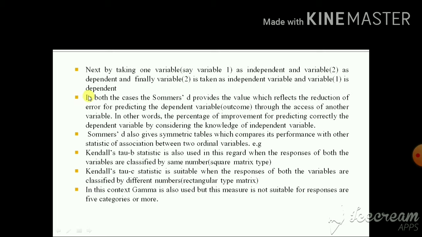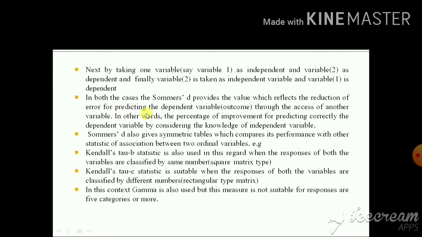After that, Somers D statistic provides another two estimates. One is obtained by taking one variable, say variable 1, as independent and variable 2 as dependent, and finally variable 2 as independent and variable 1, that is vice versa, as dependent.